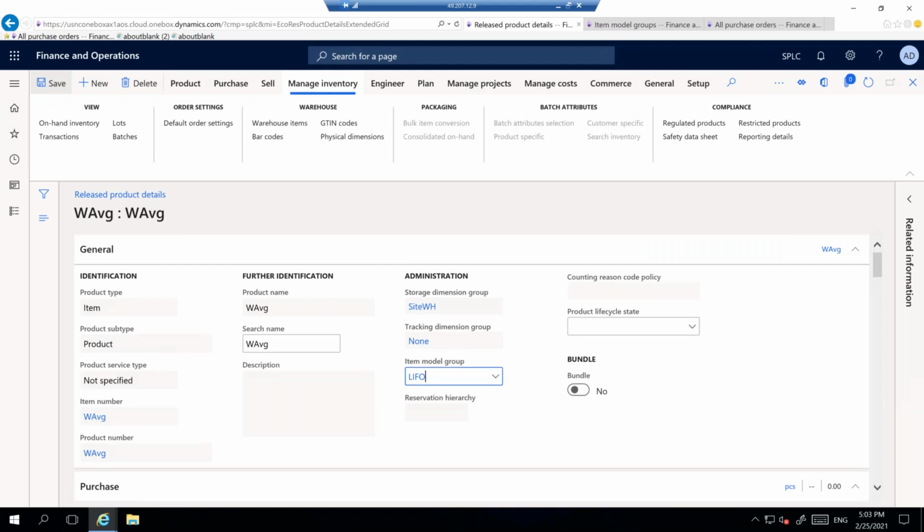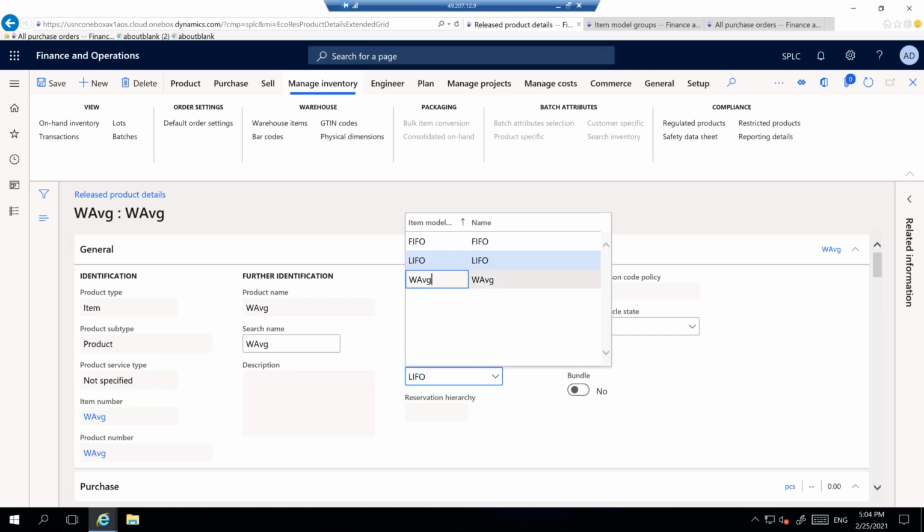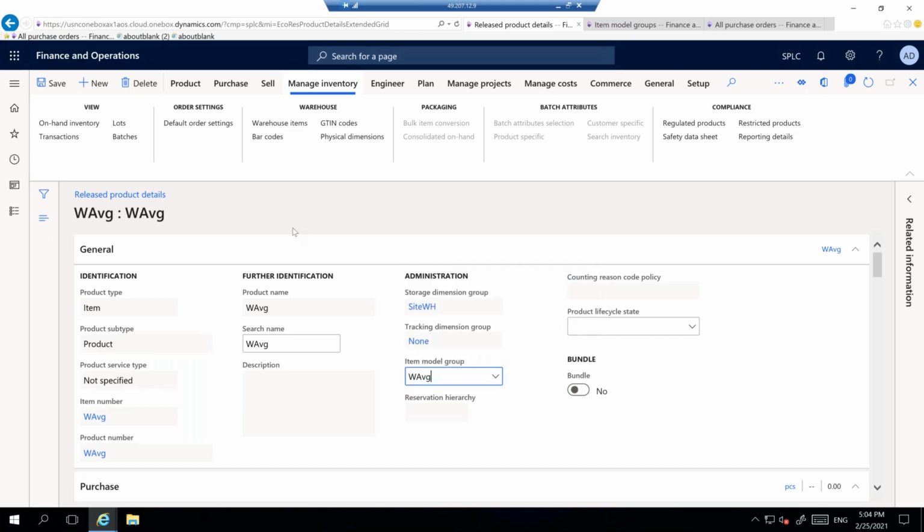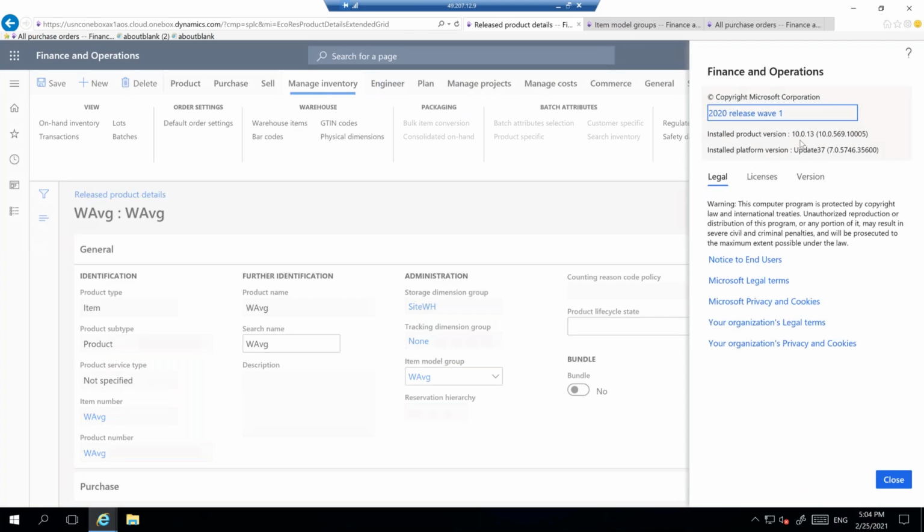Okay, one second. Whether it is allowing? No, it should not. If the transaction is posted, it will not be allowed usually. Maybe in 10.0.13 there may be bugs, I don't know.